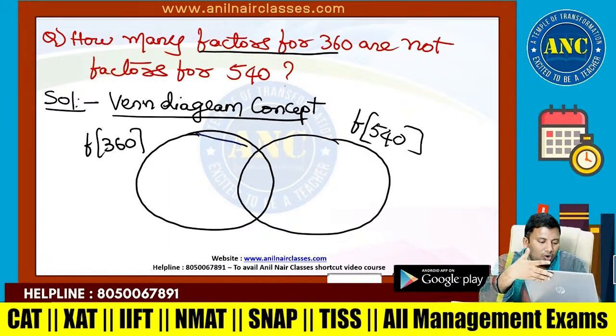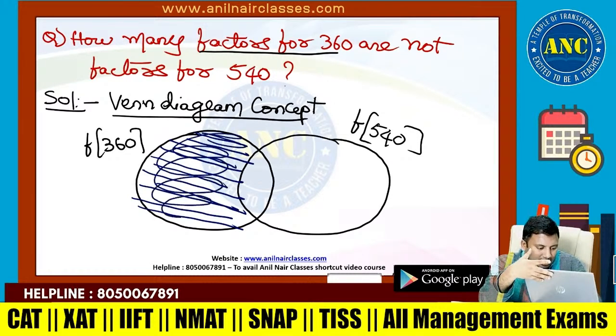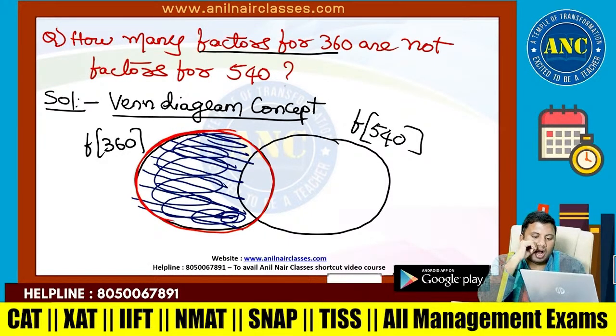Question is, how many factors for 360 are not factors of 540? This entire portion is factors of 360 that are not factors of 540. That means from this entire red circle, if I remove this violet color circle, I will get the remaining.